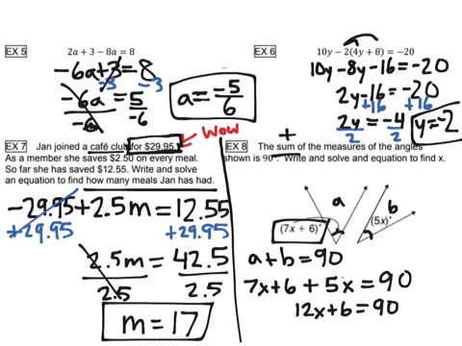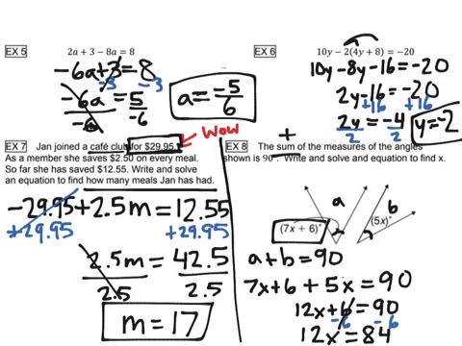So first step, we're going to subtract 6 from both sides. So we've got 12x plus 6 equals 90. We're going to subtract 6 from both sides. Minus 6 minus 6. So we have 12x equals 84.